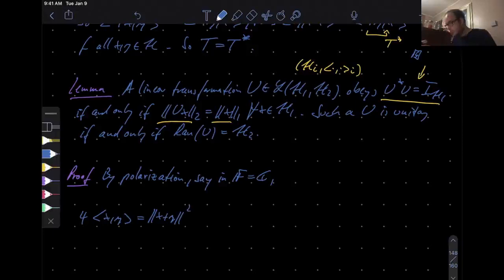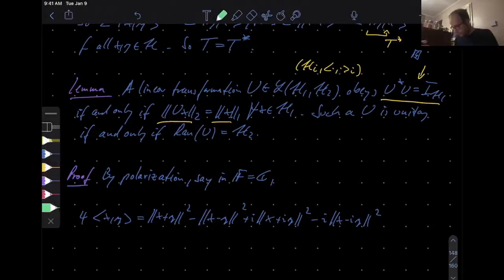So it is this one, minus norm of x minus y squared plus i times norm of x plus iy squared, minus i times norm of x minus iy squared. Okay, so this is the one when you are on the complex number field. If you are on the real number field, then you just drop these terms that are under the green bracket. All right, then that would be your polarization identity.